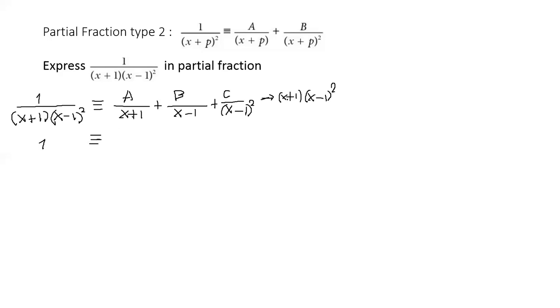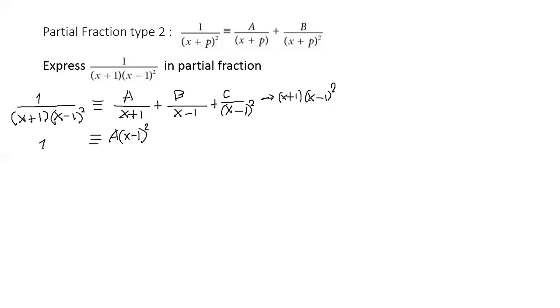If x plus 1 times x minus 1 squared times a over x plus 1, you're going to have a times x minus 1 squared.